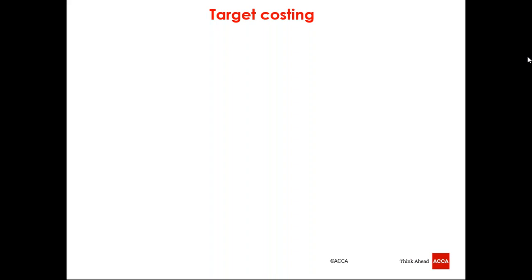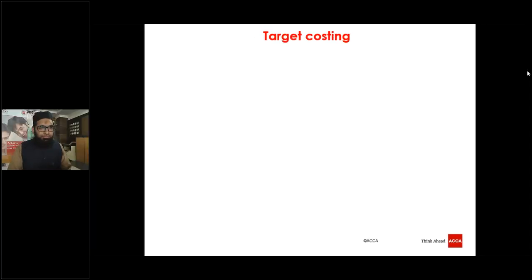Okay, now let's discuss the topic of target costing. So once again, we will see what traditionally was happening. Traditionally, we first cost our product, then we add the markup, that is the profit, and we get the selling price.